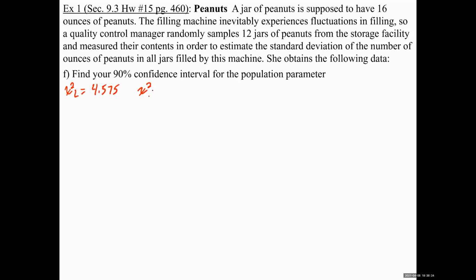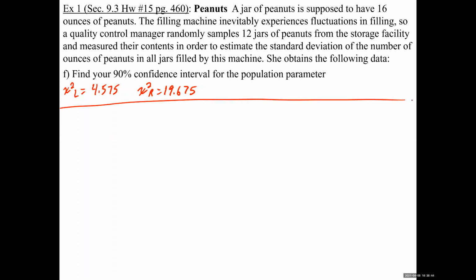Chi-square right is 19.675. Make sure when you do this, you do everything that I just erased. So I'm going to be looking for all that, but I need to erase it because I need the room to finish the problem. So you find that, so you do that first.